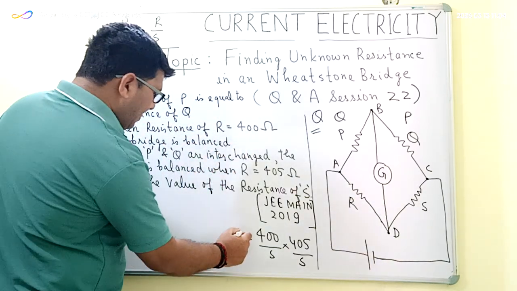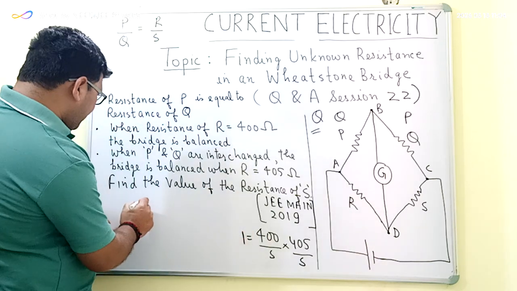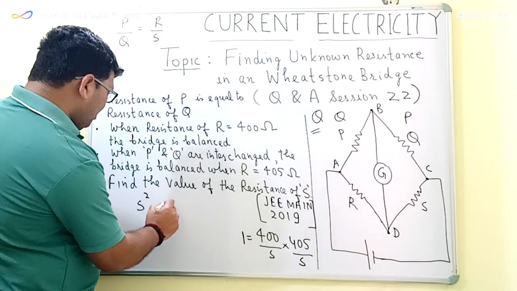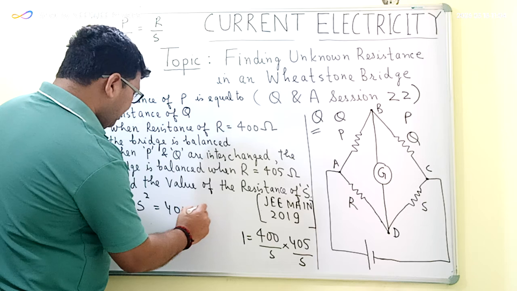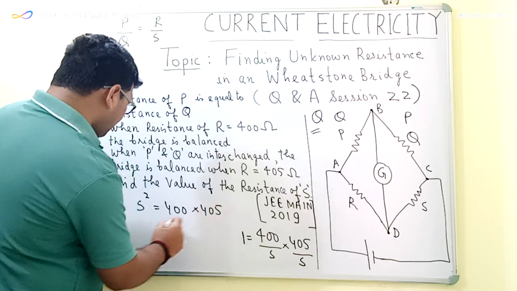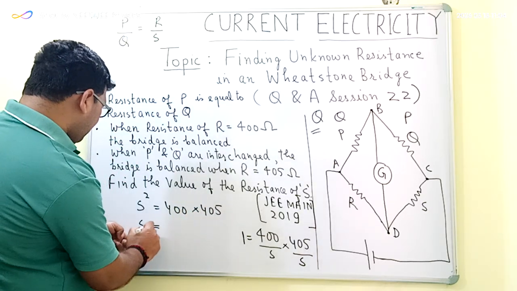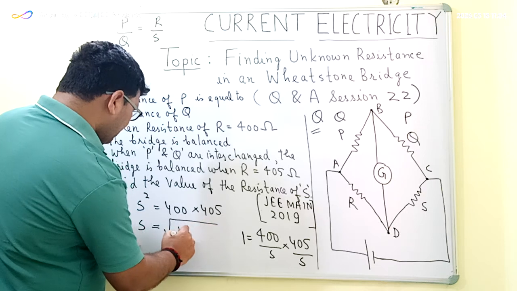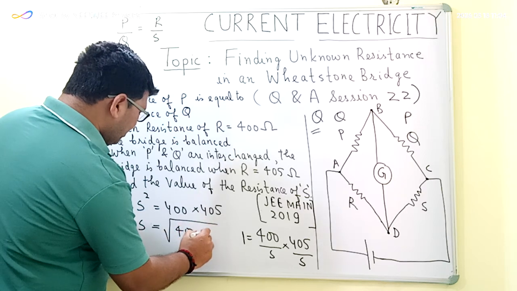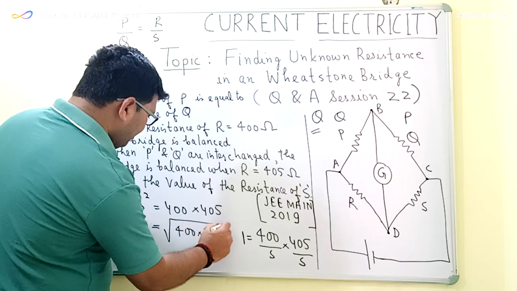From here, S square is equal to 400 into 405. So we can say that S is equal to the square root of 400 into 405.